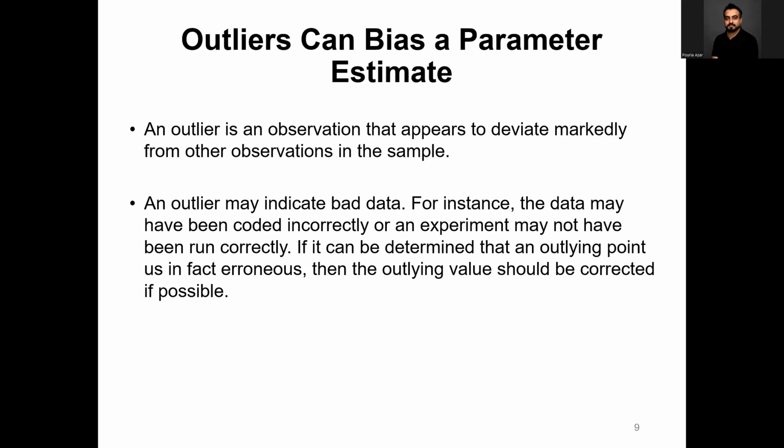What happens to my mean? My mean will be drawn toward that 85 or 78. So that 78 or 85 is my outlier. Why is it an outlier? Because it is an observation that deviates greatly from other observations in my sample.